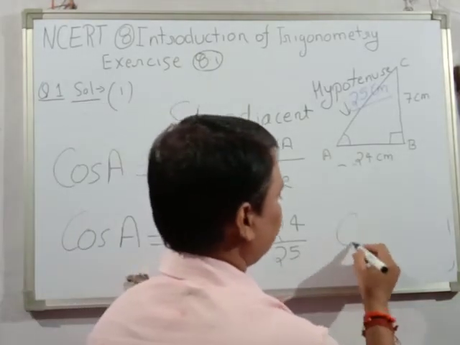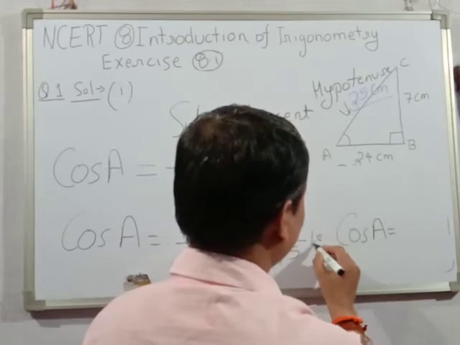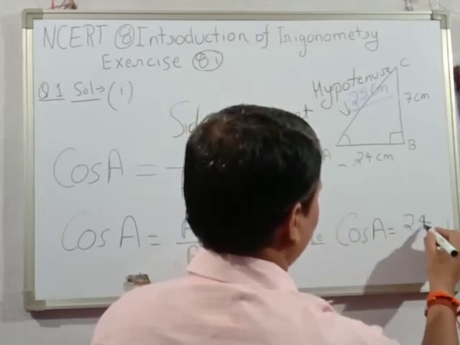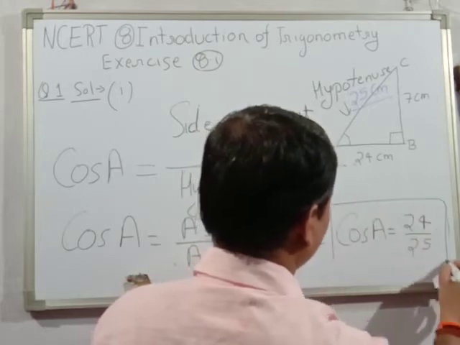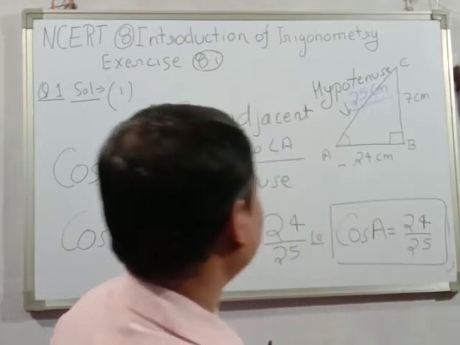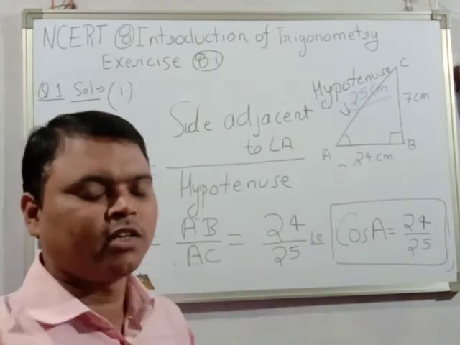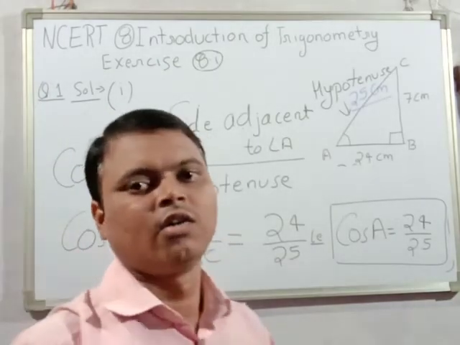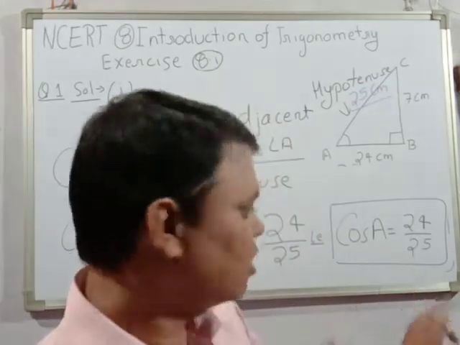So the answer, cos A equal to 24 upon 25. First part complete. Sin A is 7 by 25 and cos A is 24 upon 25.